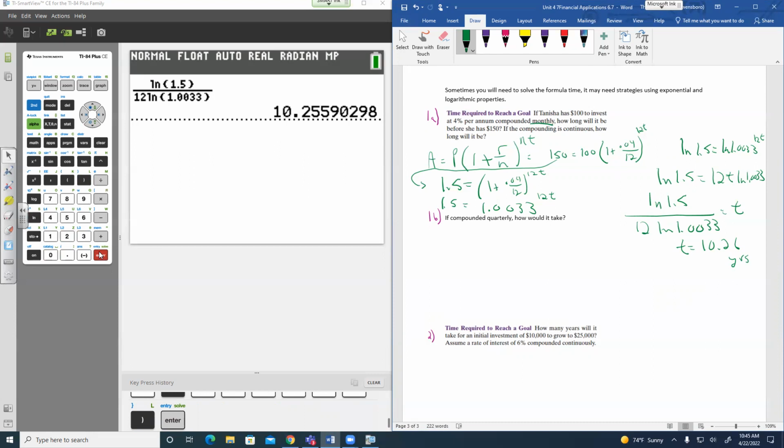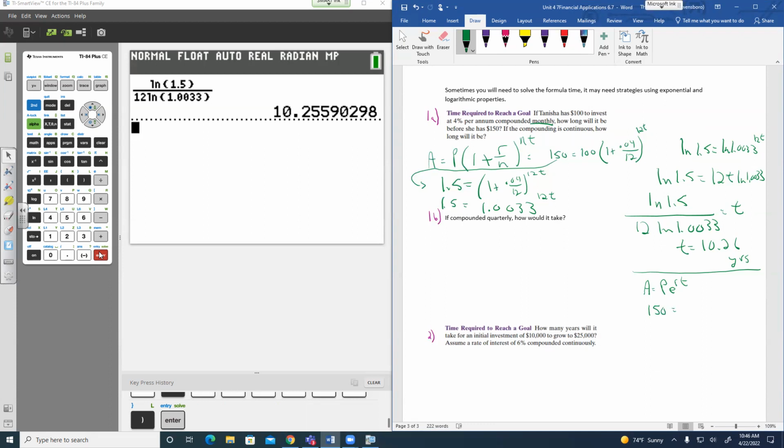So compounding continuously, notice how our formula does change for continuously. So A equals P E to the RT. That's that PERT formula. So we said that final amount was that 150. Looks like I erased it, but the 150 was there.